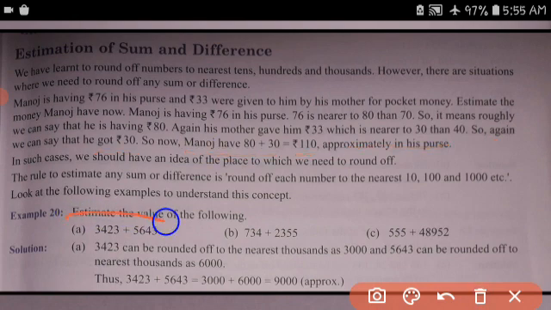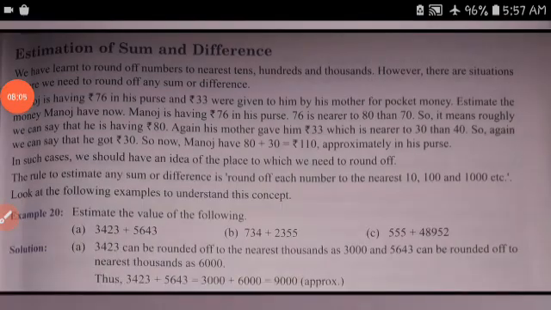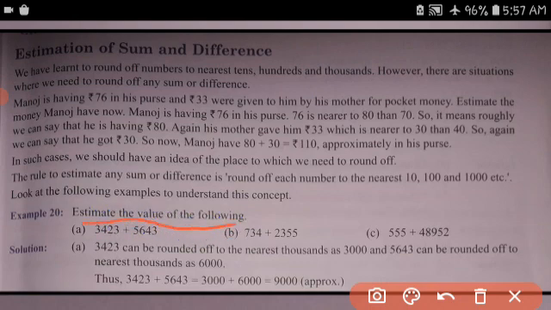Estimation value. Estimate the value of the following: 3423 plus 5643. 3423 can be rounded off to the nearest thousand as 3000, and 5643 rounds off to 6000.